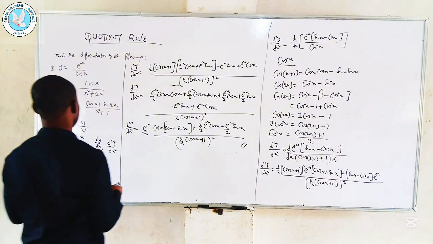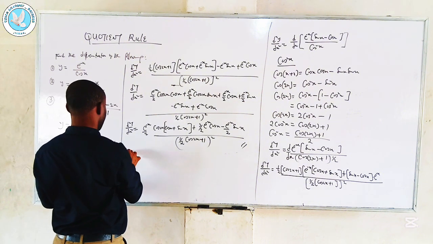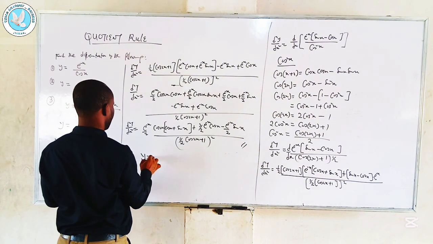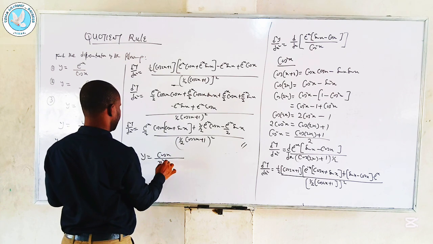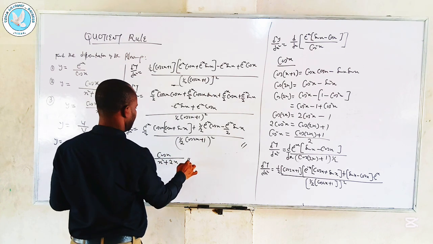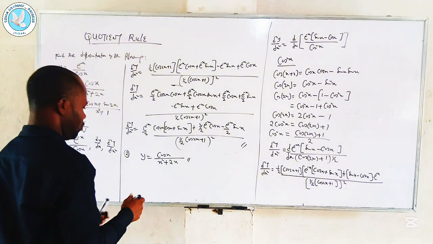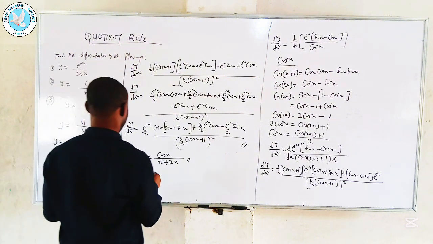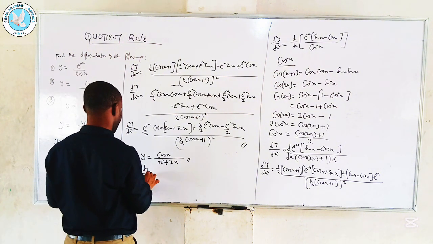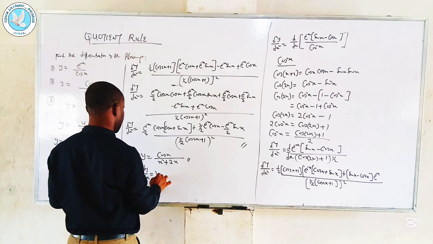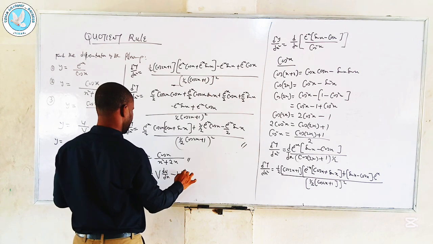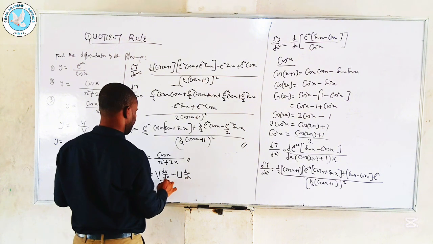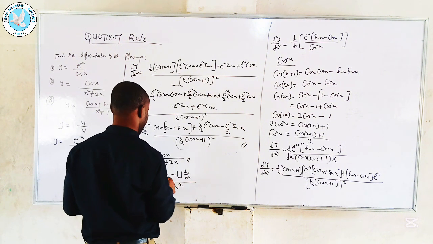So number two is that y equals cos x divided by this plus 2 this. So at this point we are still insisting on the formula: dy/dx is v du/dx minus u dv/dx, divided by v squared.